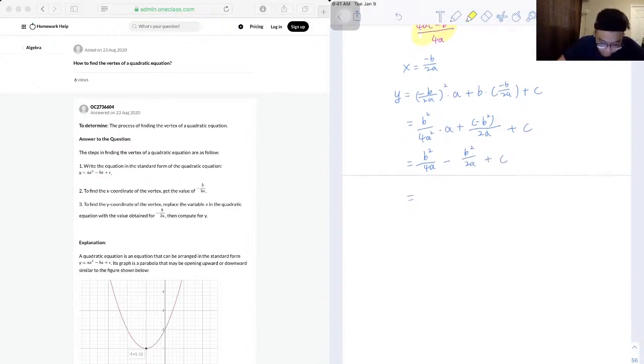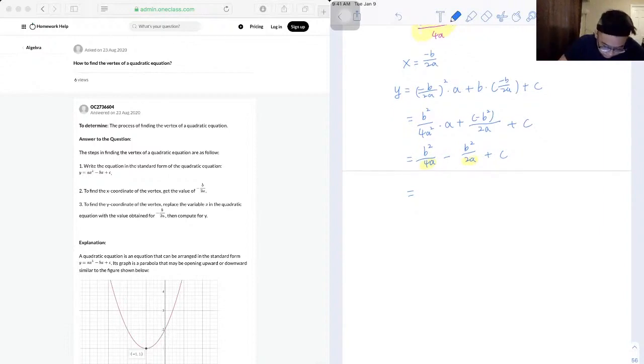Since we got a 4a on the first fraction and a 2a on the second fraction, we want to change them to the same denominator. So we'll maintain b squared over 4a, minus, we want a 4a on the bottom, which means we need to times 2 for each top and bottom.